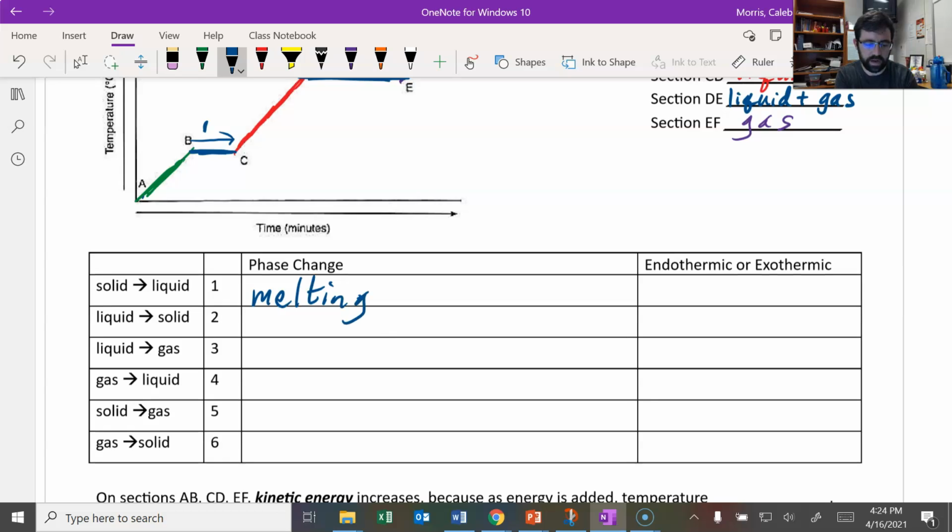I want you to also write down a name for it we're going to be using later, fusion. Not nuclear fusion, but melting has another fancy name, and that's fusion. Now melting, I'm increasing the heat. It has to absorb energy, absorb heat in order to occur. So that is an endothermic process.